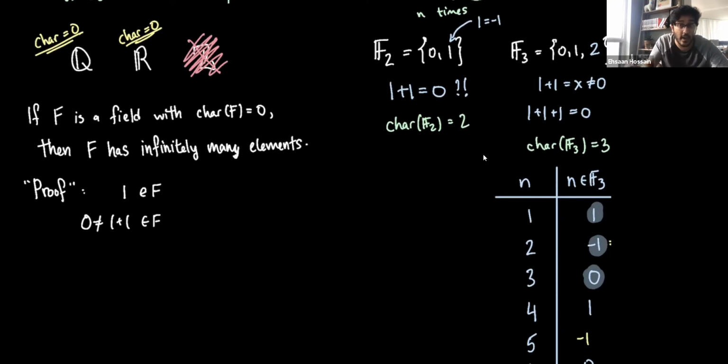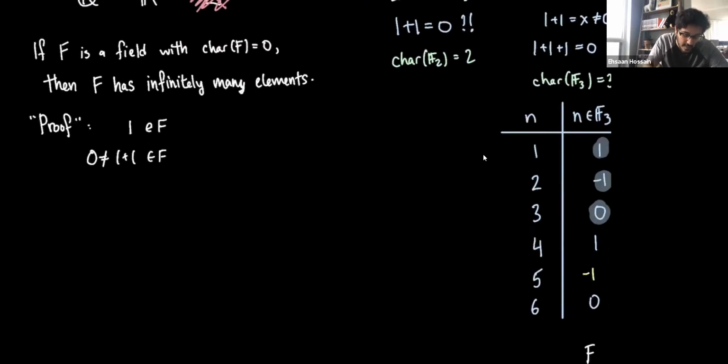So there's no way I can add 1 finitely many times and get 0. The same with 1 plus 1 plus 1. Same with 1 plus 1 plus 1 plus 1, 4 times. All of these elements are in F.